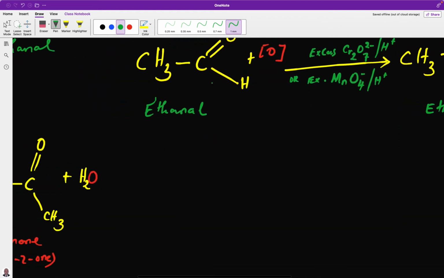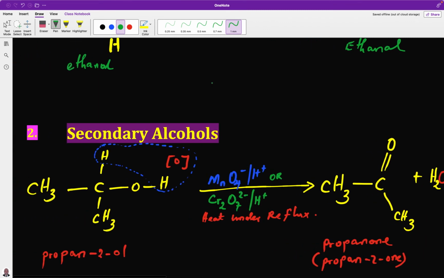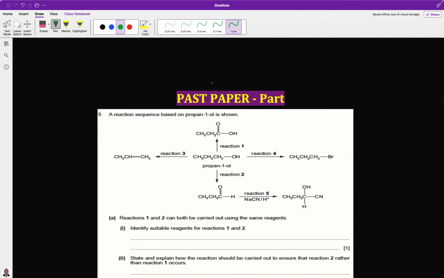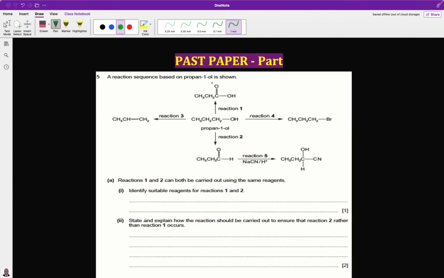Now the same question is here for you to answer. You are in the examination room. You are told, identify suitable reagents for reaction 1 and reaction 2. This is reaction 1. The suitable reagent there is an oxidizing agent. And which is the oxidizing agent? We have two oxidizing agents.